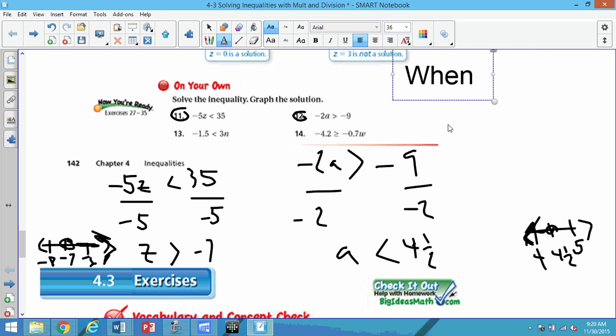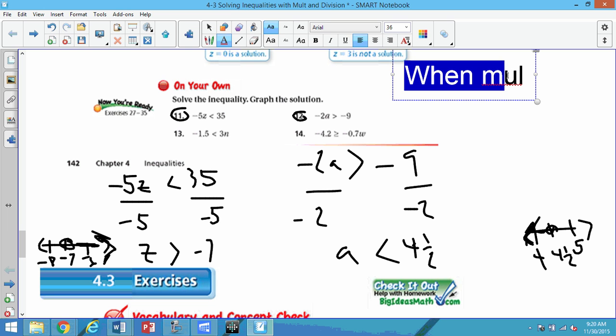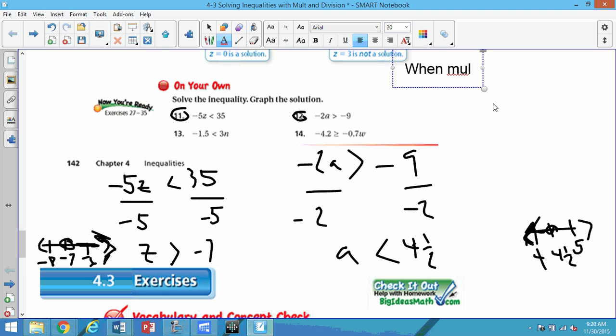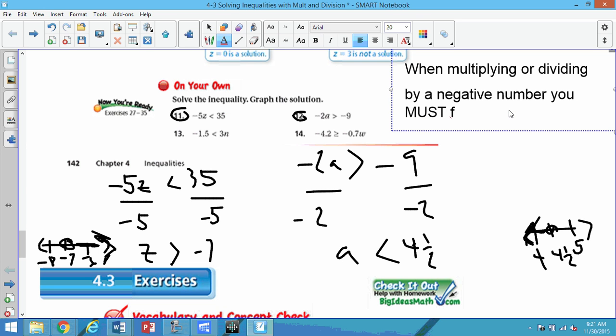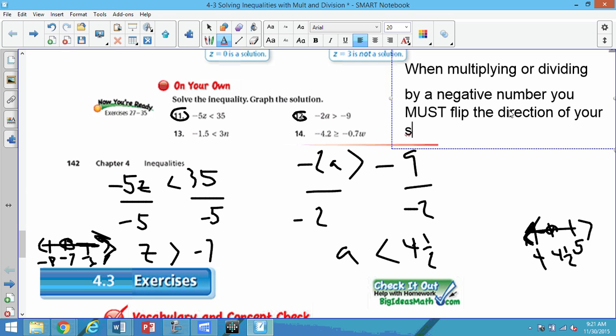When multiplying or dividing by a negative number, you must flip the direction of your sign.